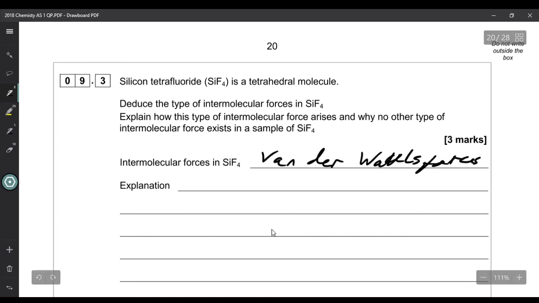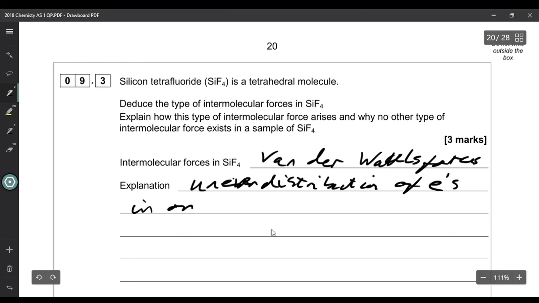And the way that these come about is we get an uneven distribution of electrons in one of the molecules. So this just happens spontaneously.